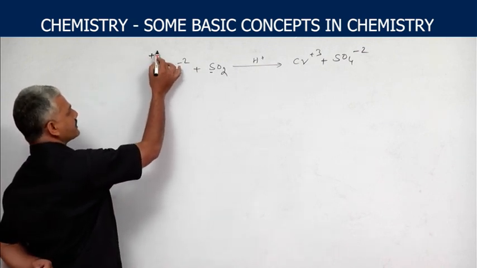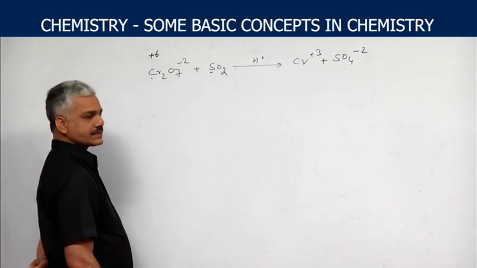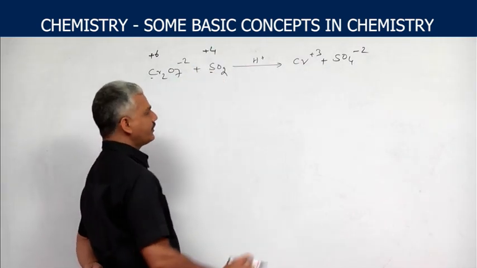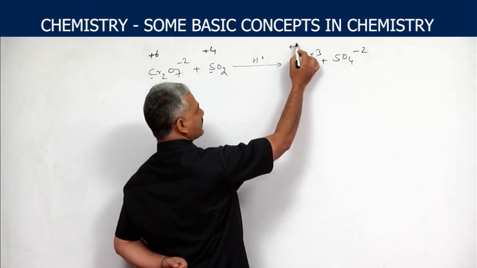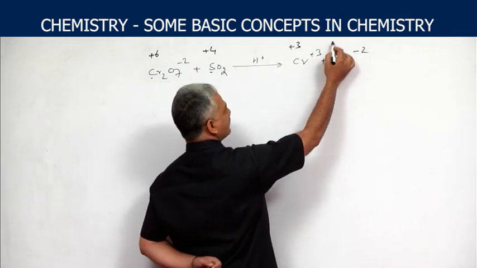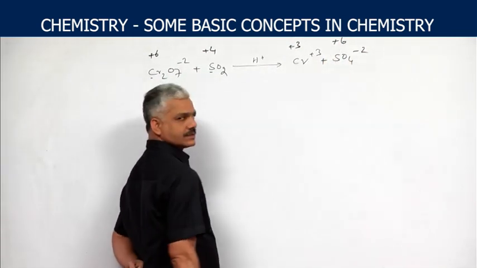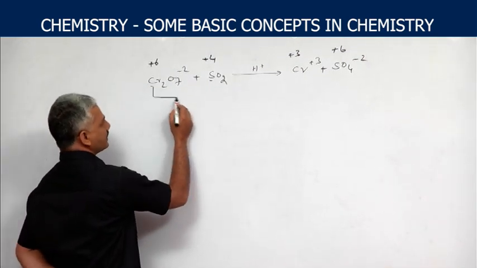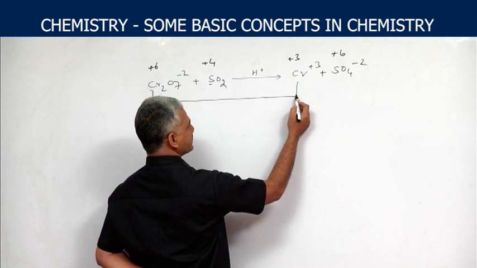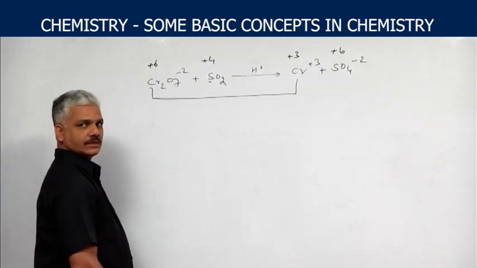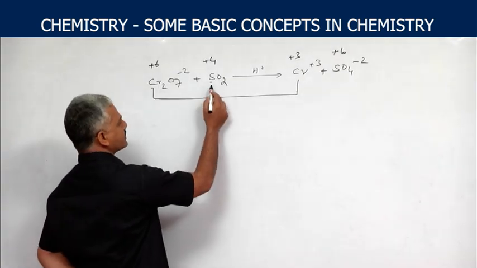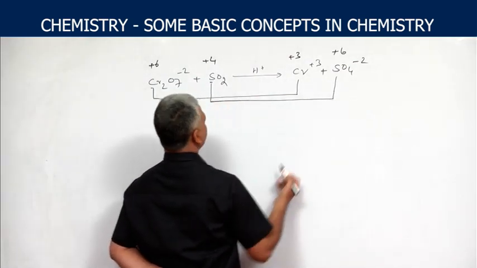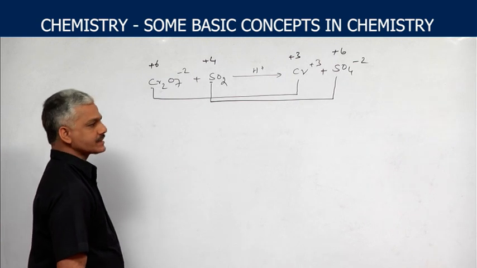Here chromium's oxidation state comes out to +6, sulfur +4. On the product side, chromium's oxidation state is +3, sulfur's oxidation state is +6. So for chromium there is a decrease in oxidation state from +6 to +3, whereas for sulfur there is an increase in oxidation state from +4 to +6.